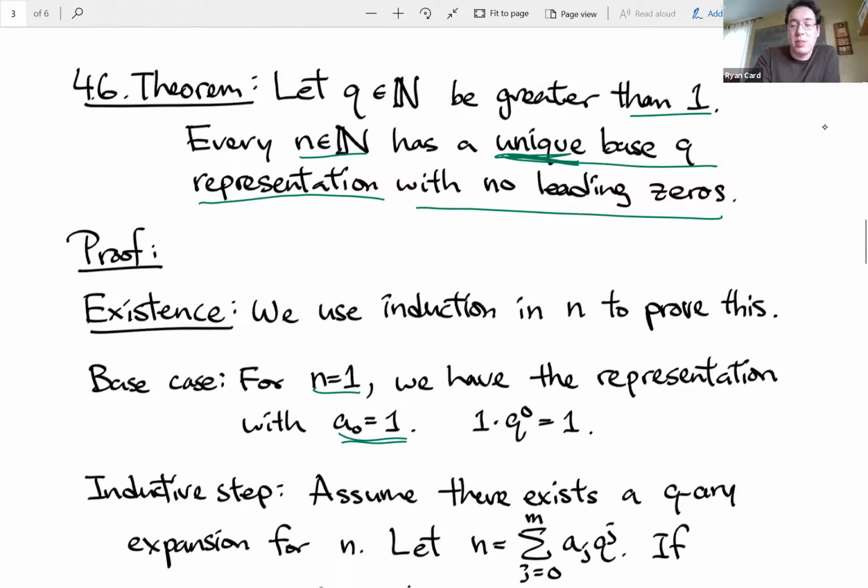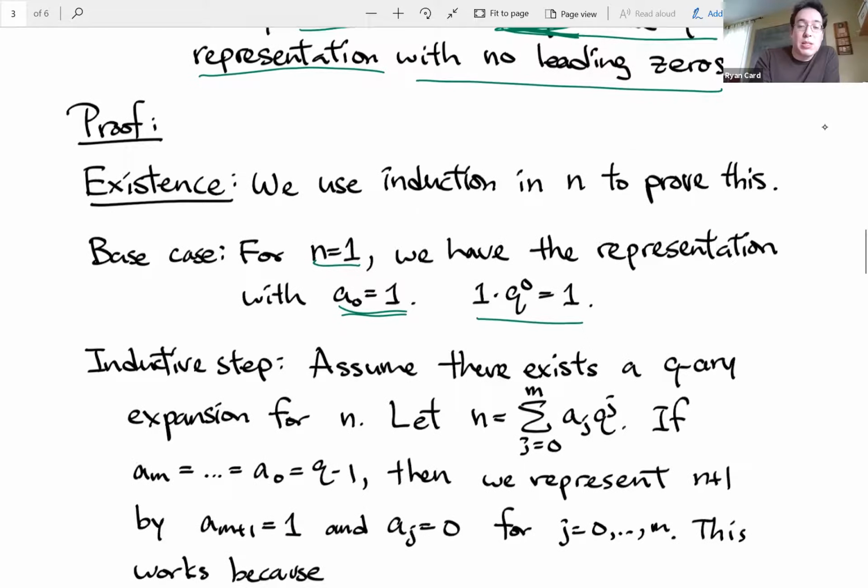And 1 times any base to the 0th power is equal to 1. So we were able to write down in base q the number 1. It looks the same in every base. All right, so the base case we feel like we got for free. Let's do the inductive step. So let's say there exists a q-ary expansion, or when I say expansion, I mean representation as well.